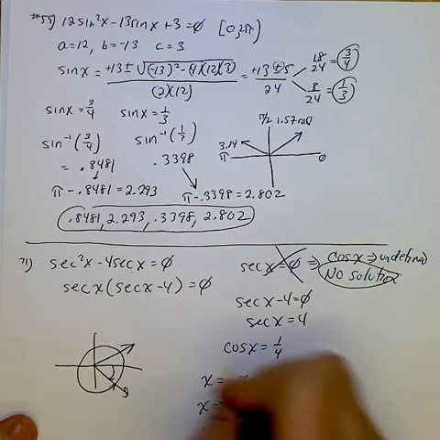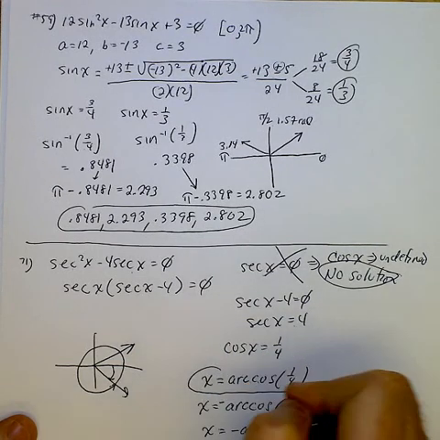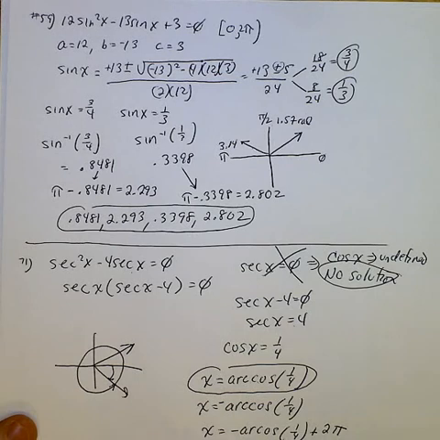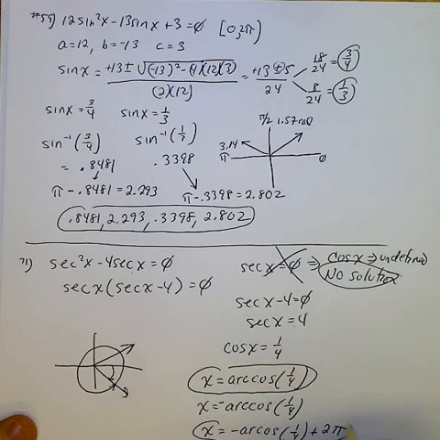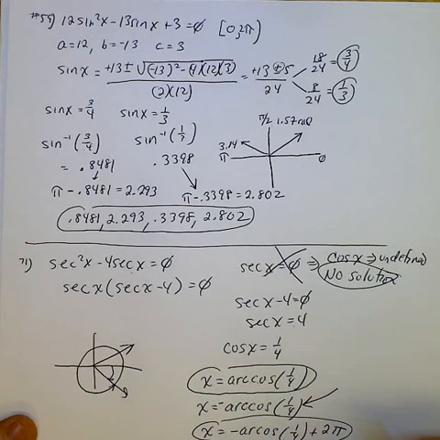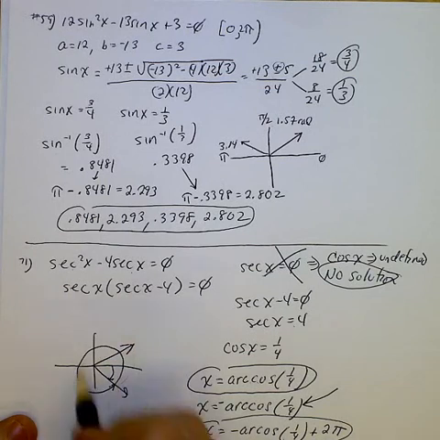So your two answers here are this and this. This answer is technically not incorrect. It is the fourth quadrant angle where cosine is positive, so I'll probably accept that, but I want you to be able to match the solution in the book as well. The reason they add 2 pi is because they like to define their answers in terms of positive angles. Good luck.